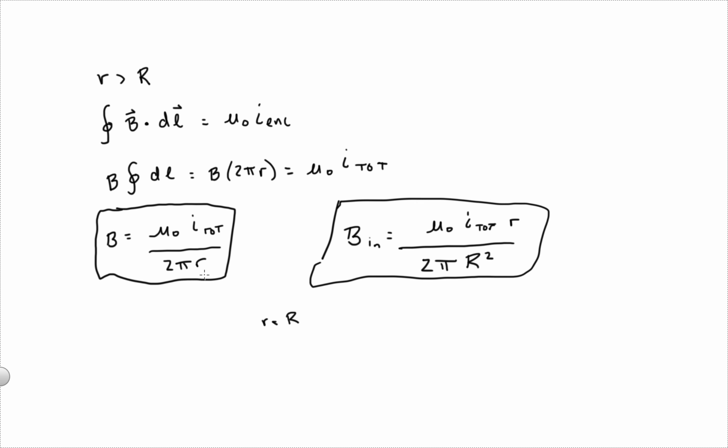Because I can plug in a big R on the outer term and get mu naught I total over 2 pi R. And on the inside term, I would get mu naught I total times R over 2 pi R squared. Those terms cancel, and everything else is the same, so it checks out at that boundary condition.